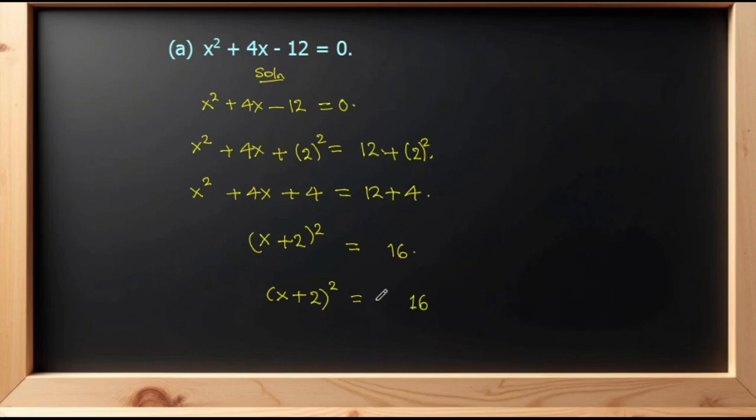So we shall have here from the right hand side positive or negative root of 16. From the left hand side, this is the square root also, and then of course the 2 will vanish with this square root here. Now we're left with x plus 2 equals plus or minus the square root of 16, which is 4.